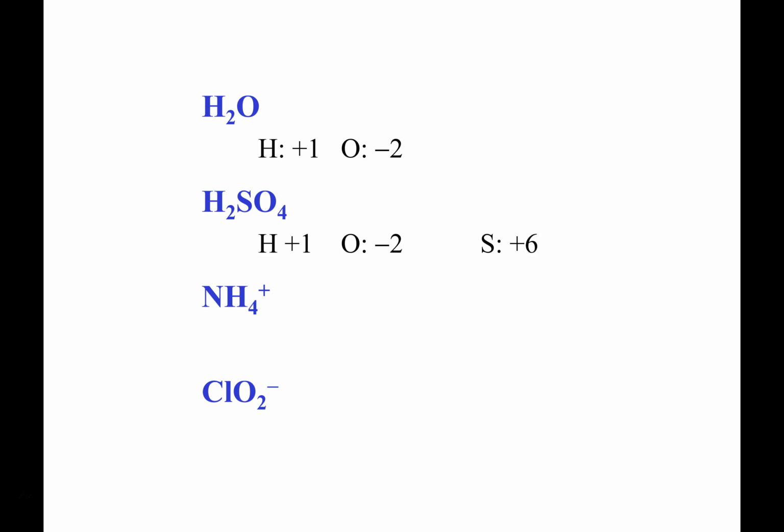Okay, let's see what we got for the next one. Again, let's use as our starting place: we know those 4 hydrogens are all +1. I'm going to put a question mark over my nitrogen. There's 1 nitrogen, the charge I don't know, plus there are 4 hydrogens, each with an oxidation number of +1. In total, it needs to be a +1.